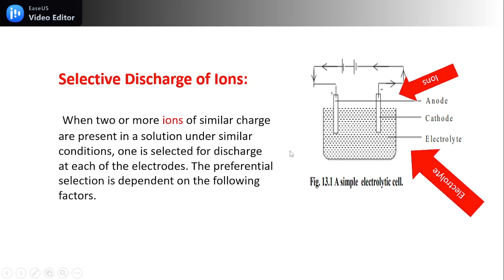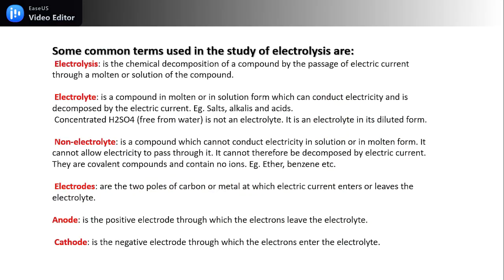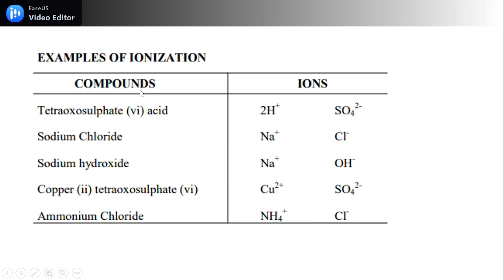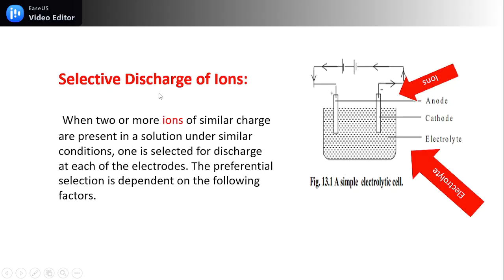That's where the electrolyte is contained in its molten or in solution of a compound. In this process, this compound reacts with water. It dissolves with water. As stated here, it's the chemical conversion of a compound by the passage of electric current through a molten or solution of the compound. That shows that the substance would have reacted with water.